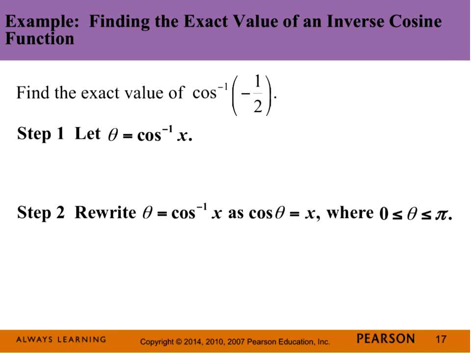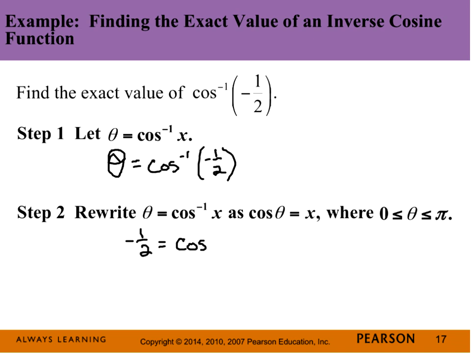Okay, so we're asked to find the inverse cosine function for -1/2. So the first thing we're going to do is rewrite our problem here. We're going to say, okay, theta is equal to, oops, started writing secant. Goodness, it has been a long day.